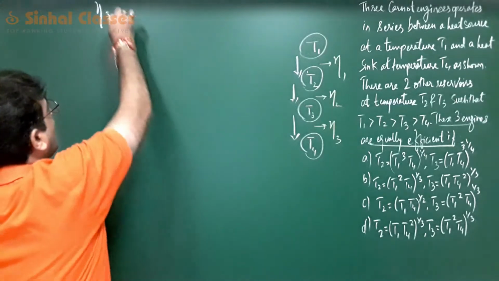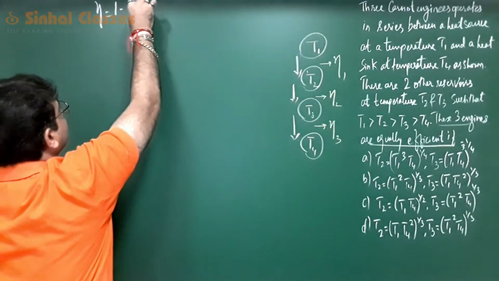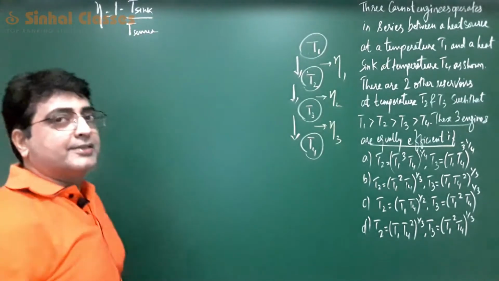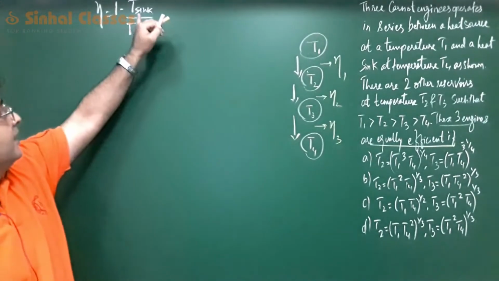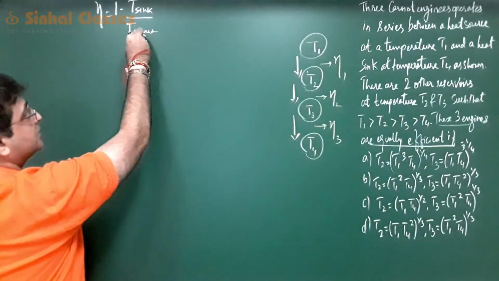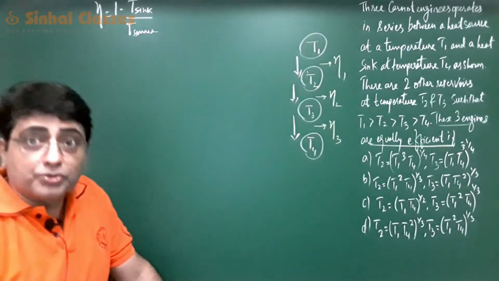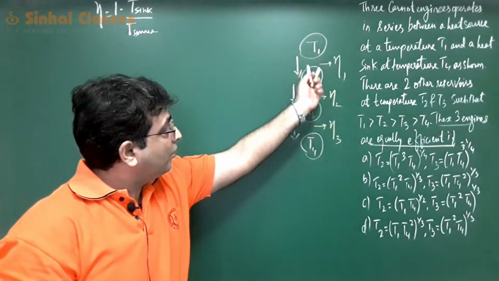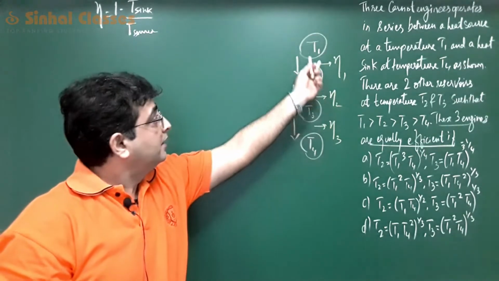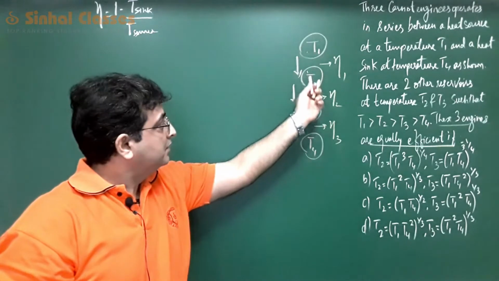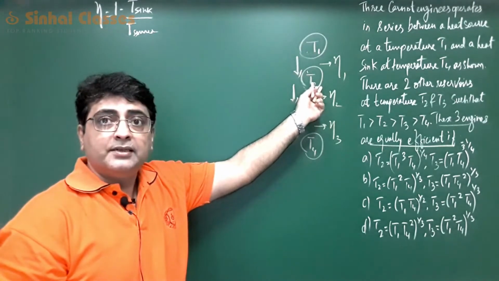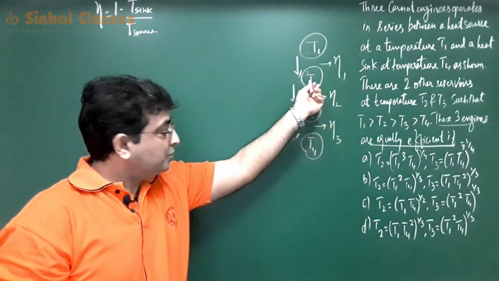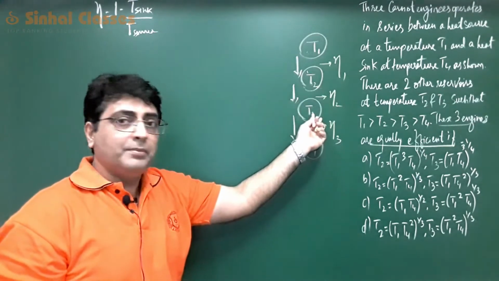It's 1 minus the temperature of the sink with respect to the temperature of the source. Please, students, it's the temperature of the sink with respect to the temperature of the source. Now when you look into it, if you look between T1 and T2, T1 becomes a source, T2 we consider as a sink. If I consider between T2 and T3, students, T2 I consider as a source and T3 will be the sink.